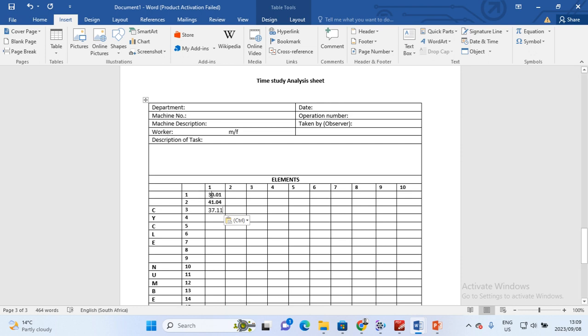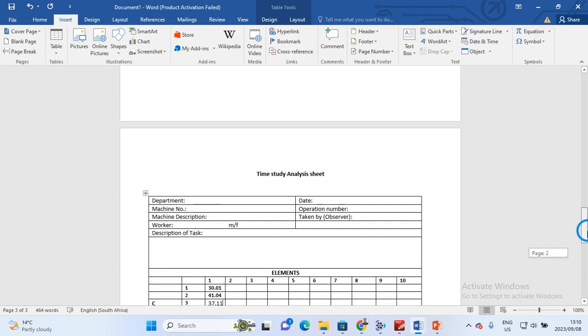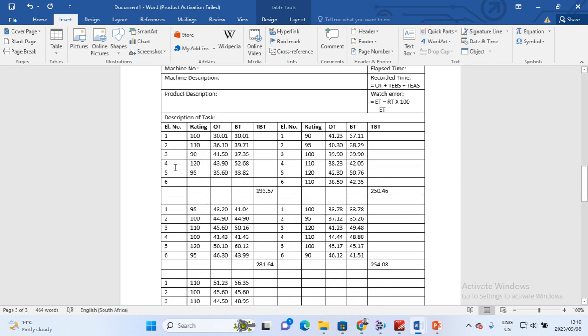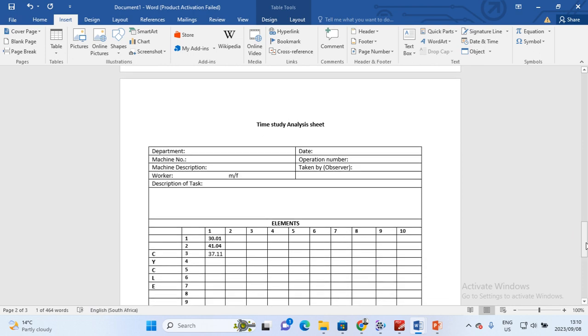If you want to do it per row, you also do your first cycle and then you put all your elements per row. It's going to be 30.01 for our first element. Then for our second element, still in cycle 1, it's going to be 39.79, which we're going to put here, 39.71.